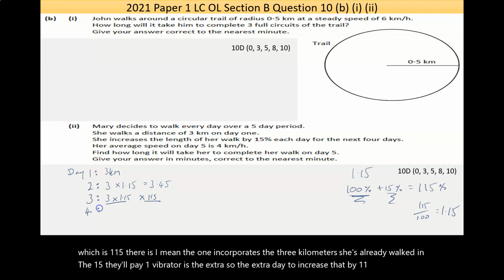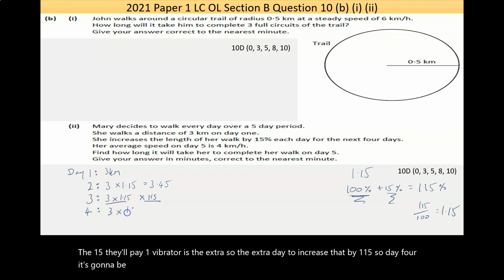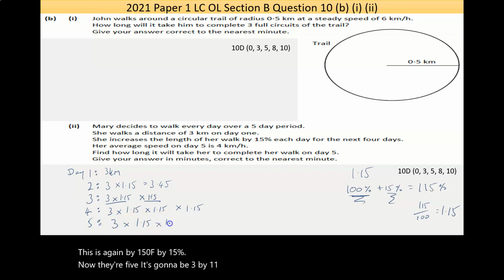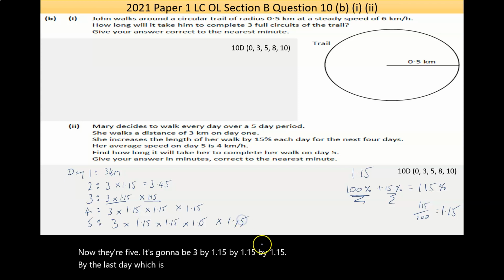So day 4, it's going to be 3 by 1.15 by 1.15. So that's day 3 by another 1.15. She's increasing her distance again by 15%. Now day 5, it's going to be 3 by 1.15 by 1.15 by 1.15 by the last day, which is 1.15.